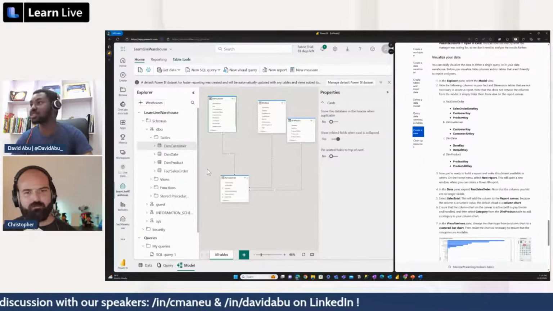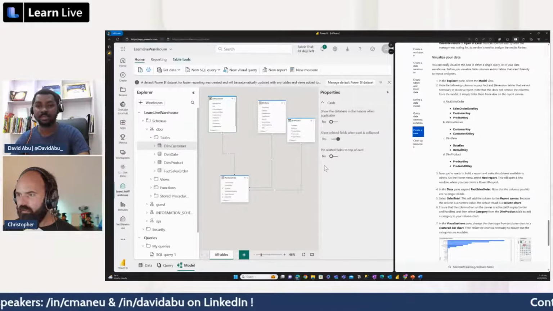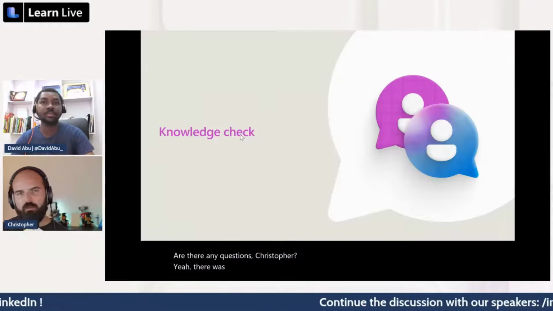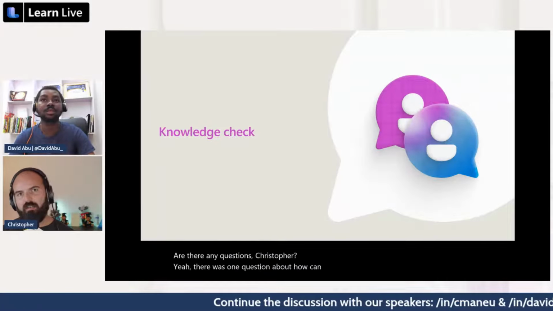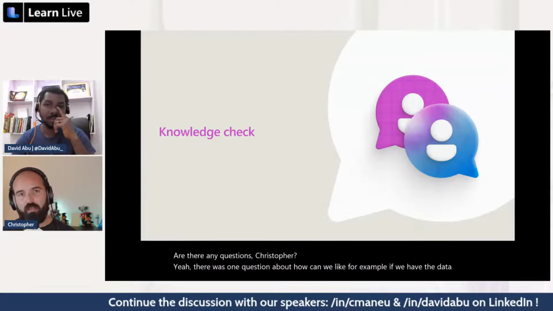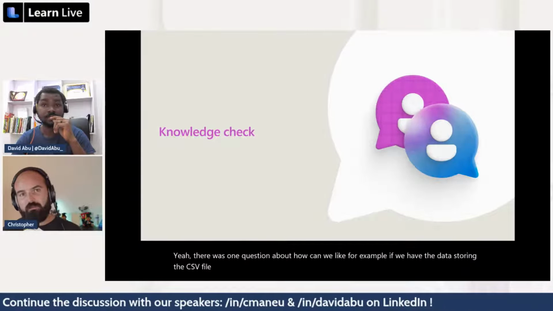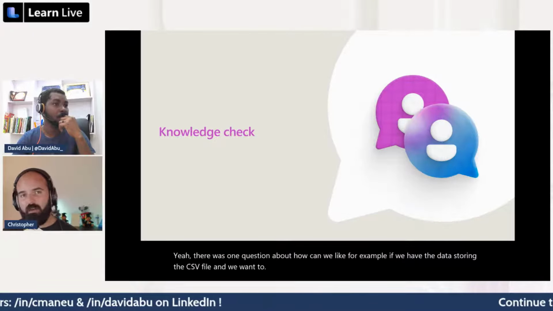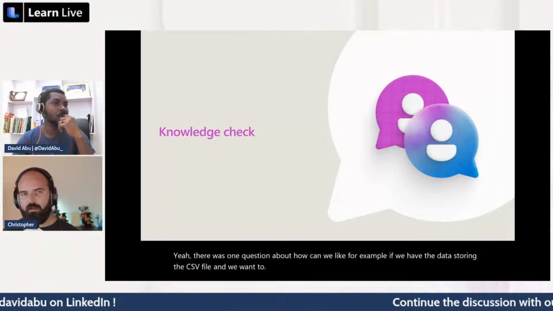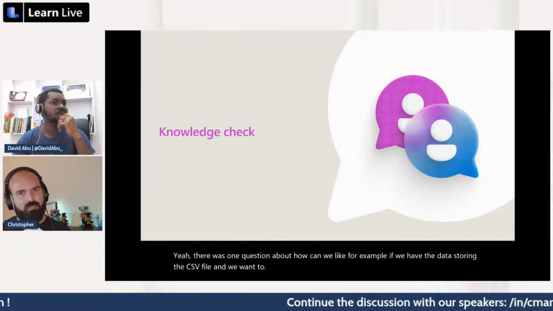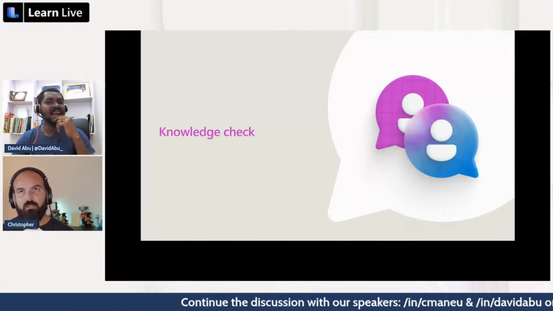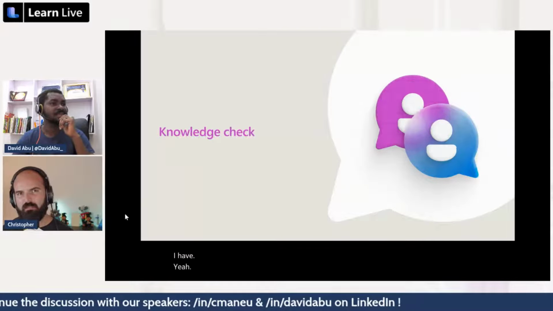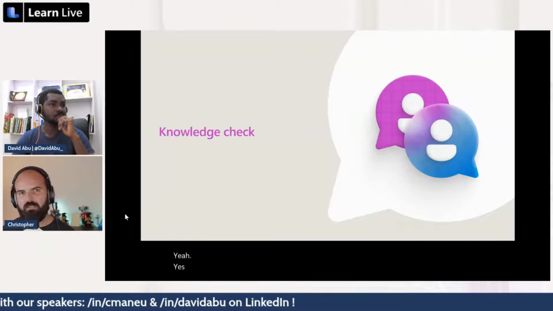Are there any questions, Christopher? Yeah, there was one question about how, for example, if we have data stored in a CSV file and we want to create a table out of only the schema of that CSV file, not the actual data, how can we achieve that? I don't know if you know a better answer than mine, David, but in SQL, it might be a bit difficult to achieve that.